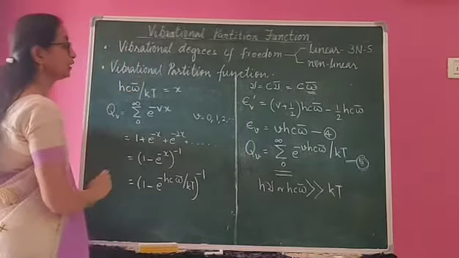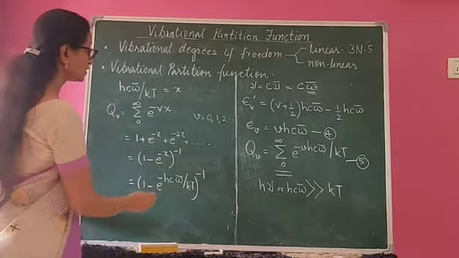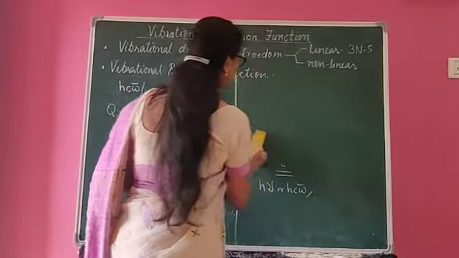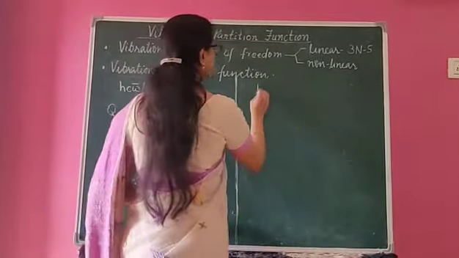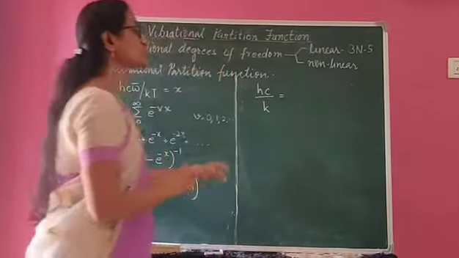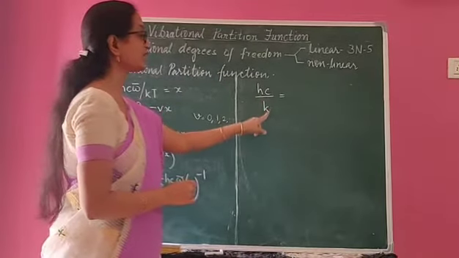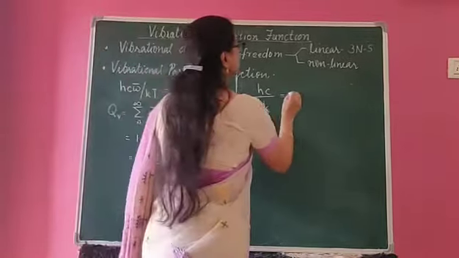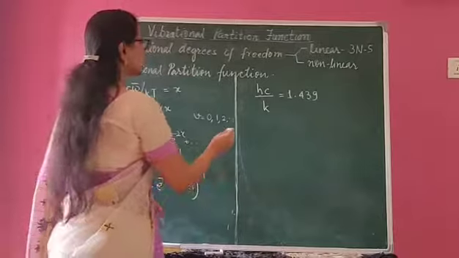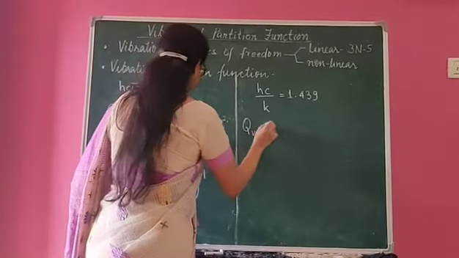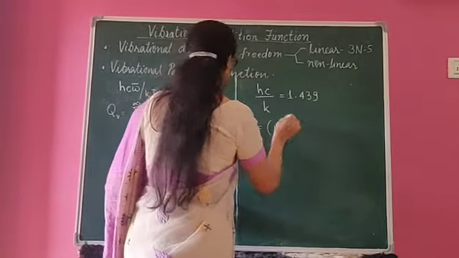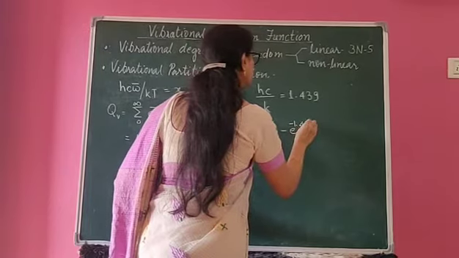If we substitute the constants h, c and the Boltzmann constant, hc upon k, where h is the Planck constant, c is the velocity of light and k is the Boltzmann constant, this comes out to be 1.439. So Q_V can be written as 1 minus e to the power minus 1.439 omega bar upon T, whole inverse.